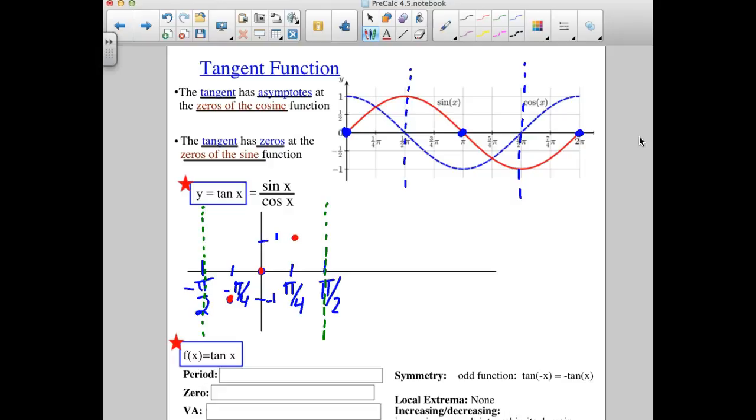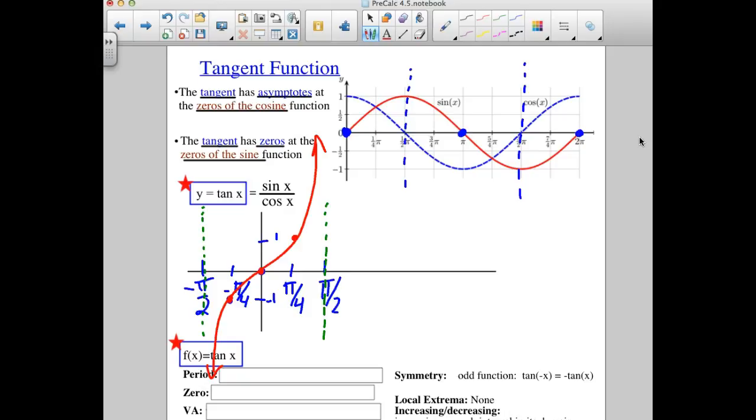Now be careful, because if you just graph those 3 points, it looks like a line. But we know a tangent's not a line. We know it has that twist shape to it. So when you draw it in, make sure you're showing that. It's going to come from low, approaching that asymptote from way down here. It's going to come up and twist through there and go high.